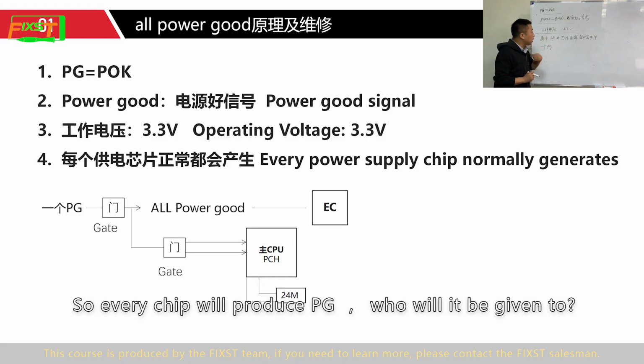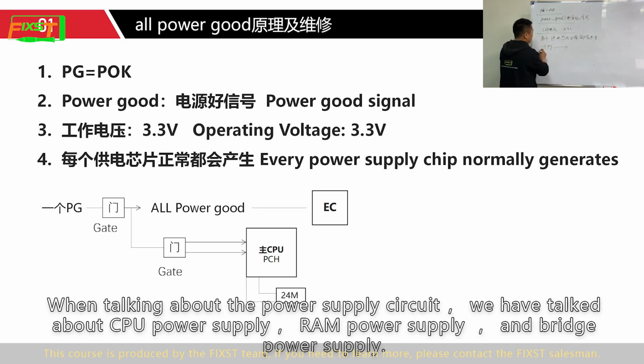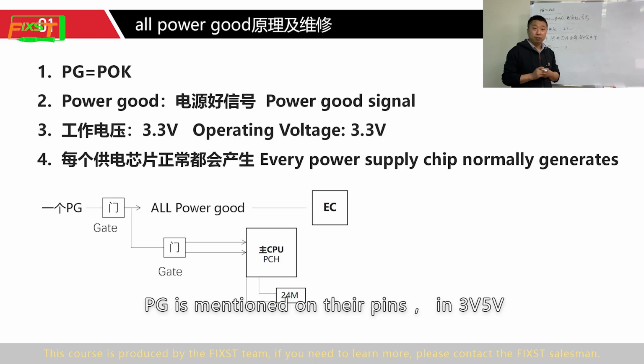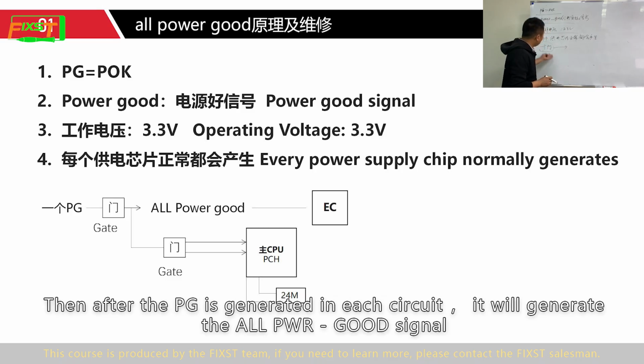So every chip will produce PG. Who will it be given to? When talking about the power supply circuit, we talked about the CPU power supply, RAM power supply, and bridge power supply. PG is measured on their pins at 3 volts, 5 volts. After the PG is generated in each circuit, it will generate the all PWR good signal.